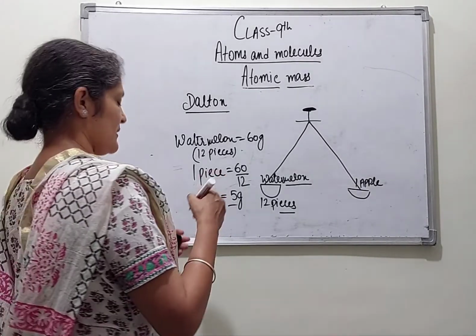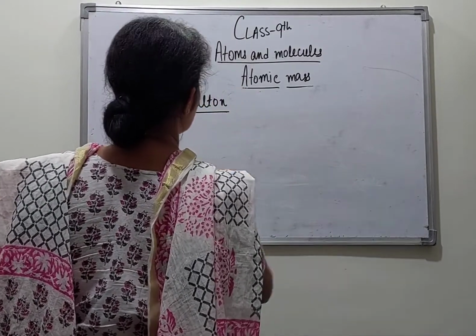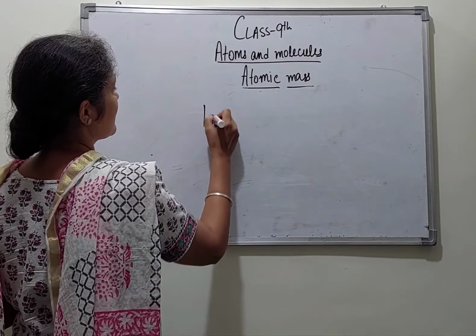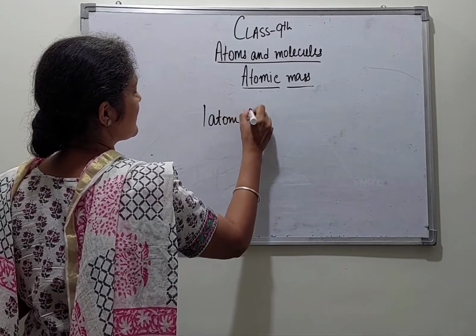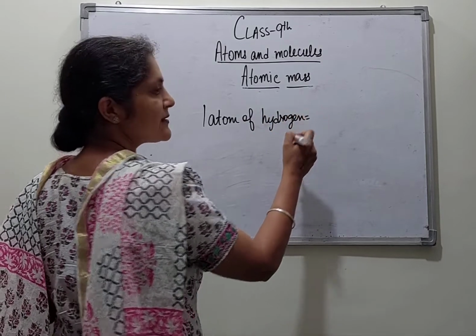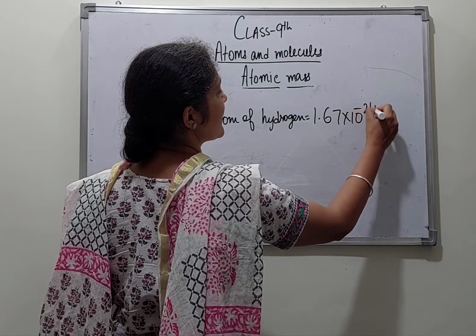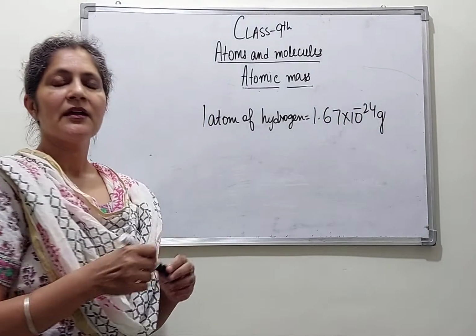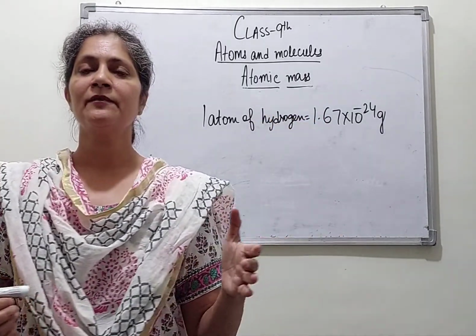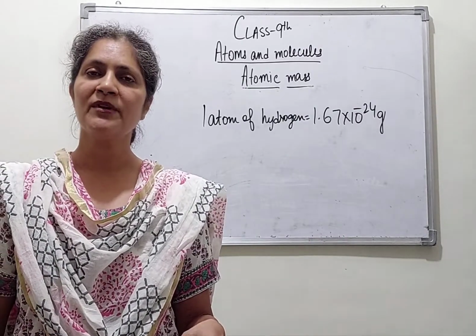If we take the example of hydrogen, one atom of hydrogen, its mass is 1.67 into 10 raised to power minus 24 gram. It is not possible for us to remember these types of values for all the atoms of the elements.